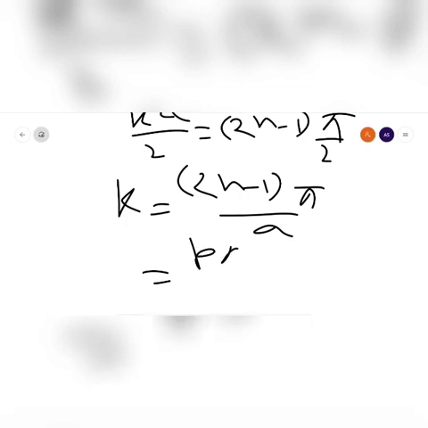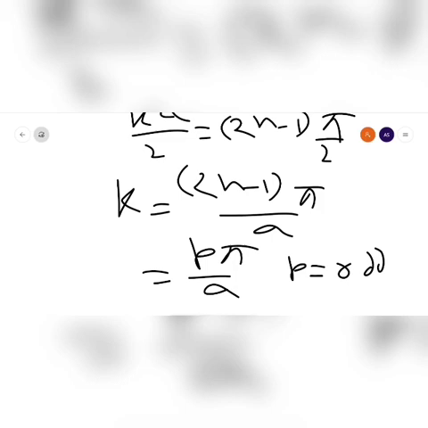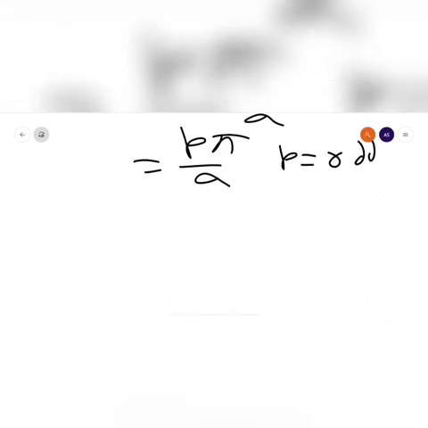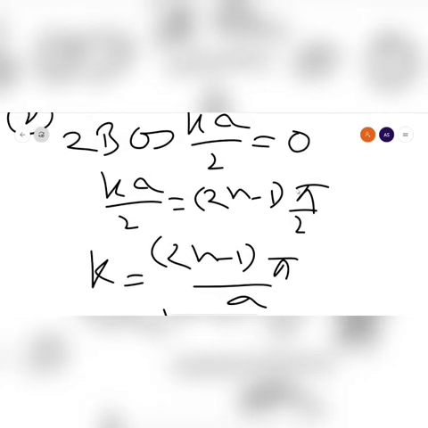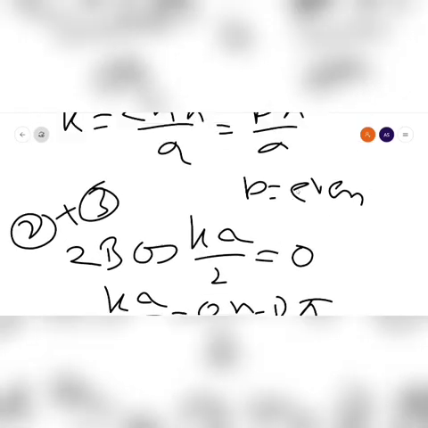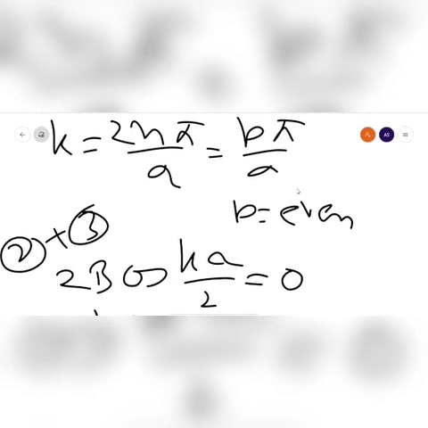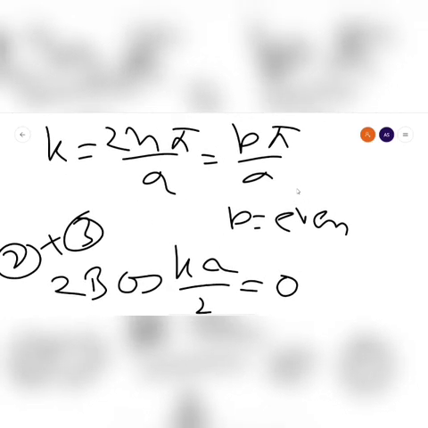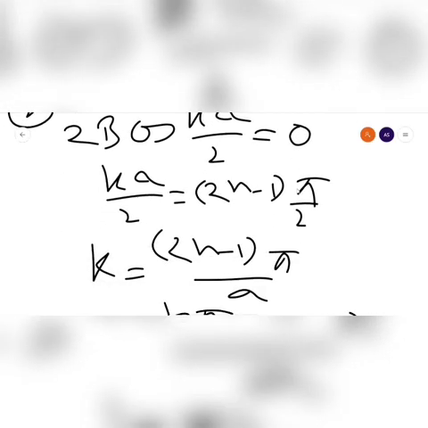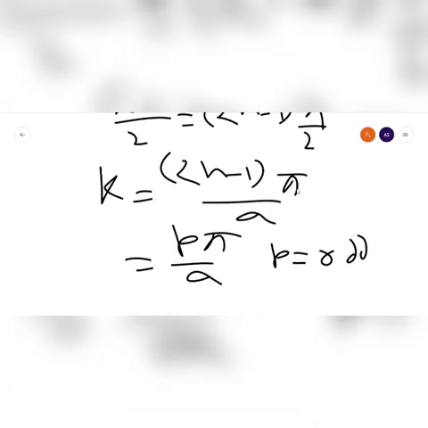Also you can write p pi by a, where p is odd. Now in the first case you can see that k is even, and in the second case k is odd.